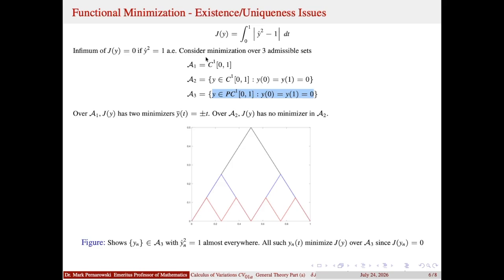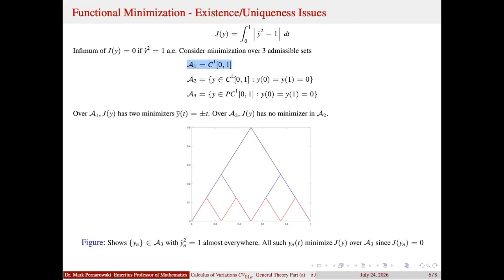Minimizing J over A1 is easy because this integrand has to be continuous, and the only way that can happen is if y is equal to plus or minus t. Because if y is equal to plus or minus t, the derivative is plus or minus 1. You square it, you get 1 minus 1 is 0, and the integral therefore is 0. So the minima of J of y is attained by 2 different y's in the admissible set A1. That's case 1. Case 2, how about A2?